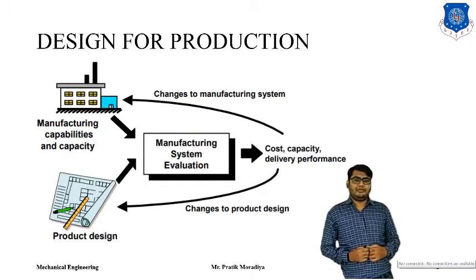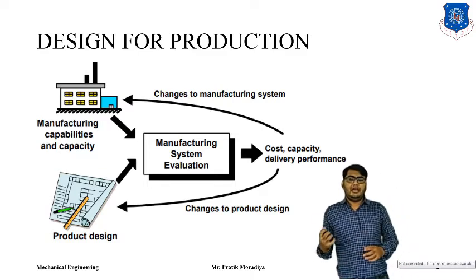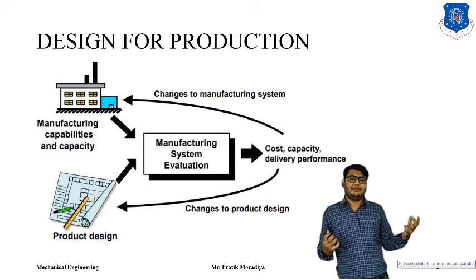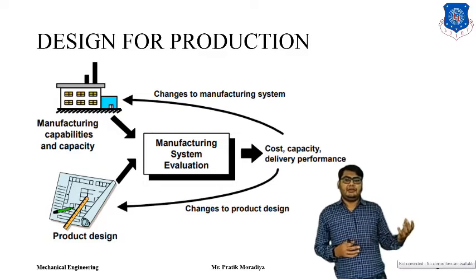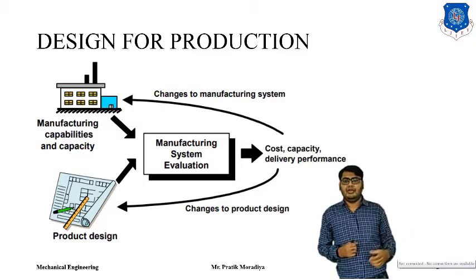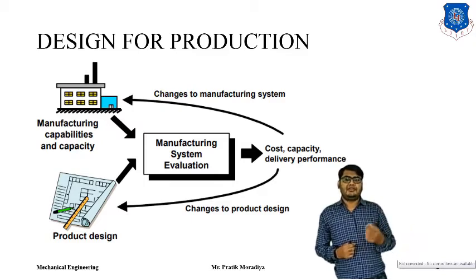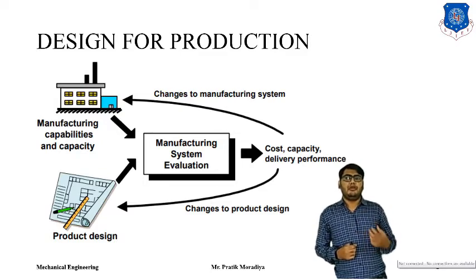In a normal design process, in a normal manufacturing scenario, we take a product design and we evaluate our manufacturing capabilities and capacities. We give all this input to a manufacturing system and we evaluate it. Is our production system capable enough to produce the design, and does our manufacturing system have enough capacity to produce the desired volume?